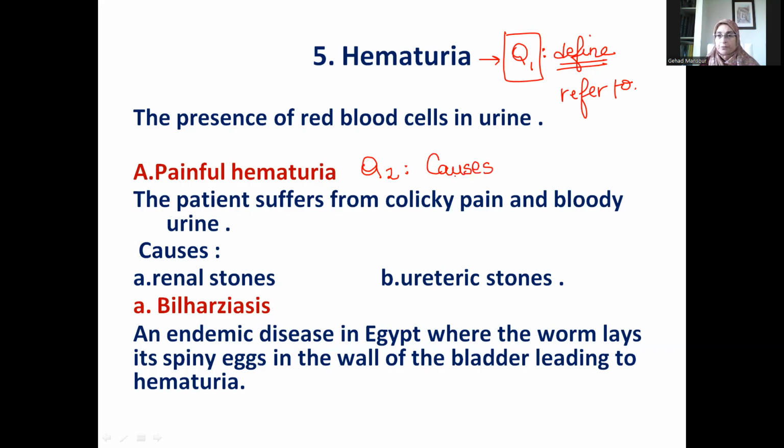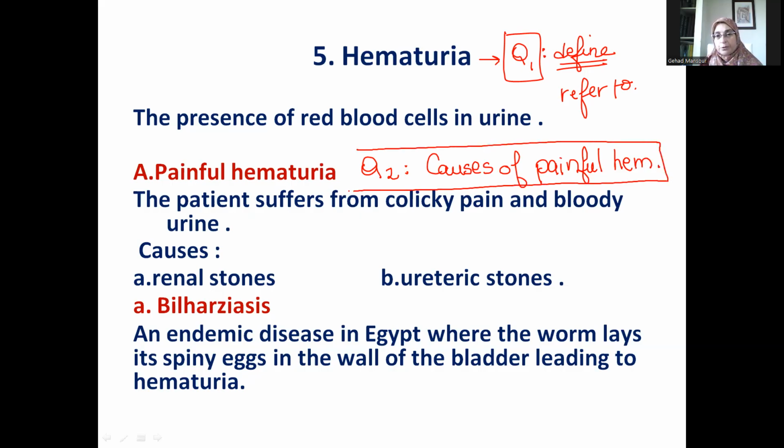When you have painful hematuria, this means that the patient does not only suffer from hematuria, but also suffers from pain together with the blood in urine. So there is blood in urine, and meanwhile there is painful micturition. So, the causes of painful hematuria.